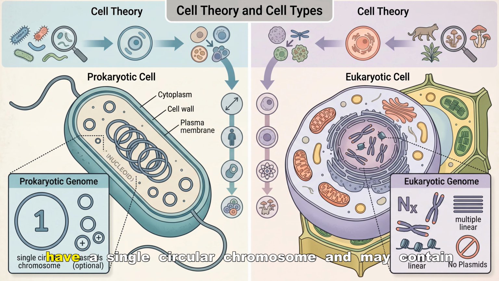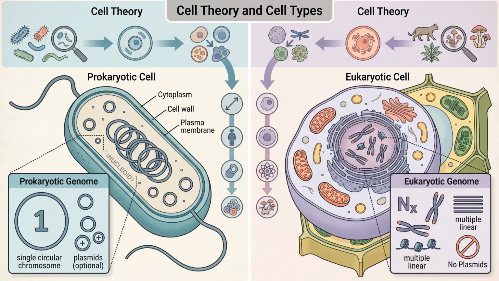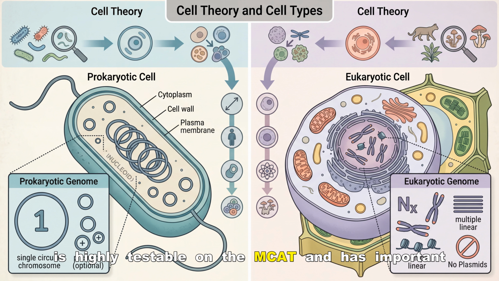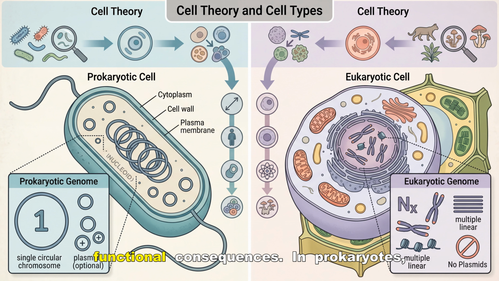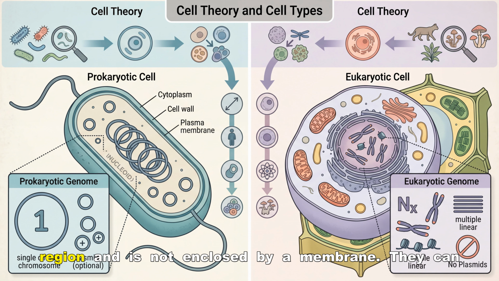Prokaryotic cells typically have a single circular chromosome and may contain plasmids, while eukaryotic cells have multiple linear chromosomes. This difference in genetic organization is highly testable on the MCAT and has important functional consequences. In prokaryotes, the circular DNA is located in the nucleoid region and is not enclosed by a membrane.